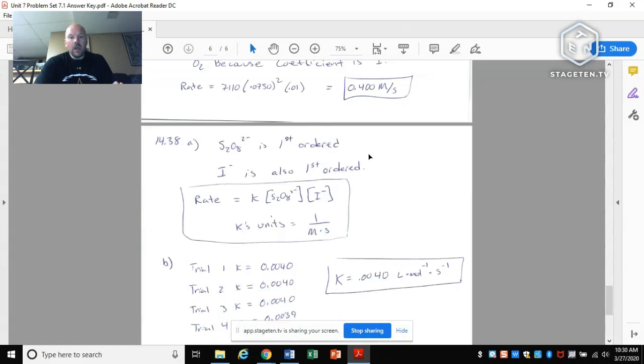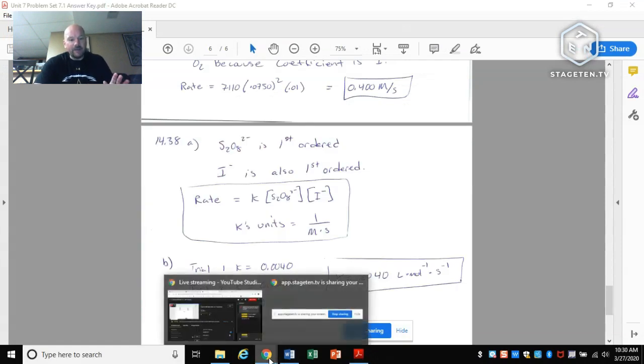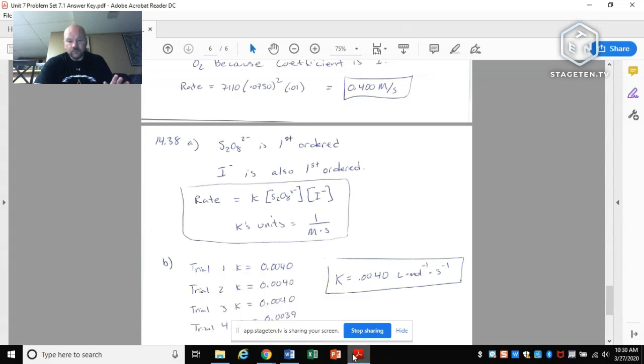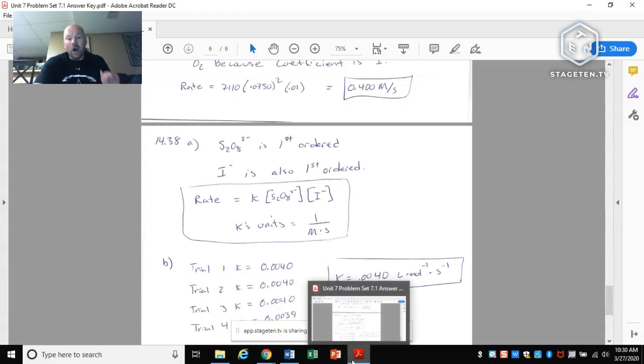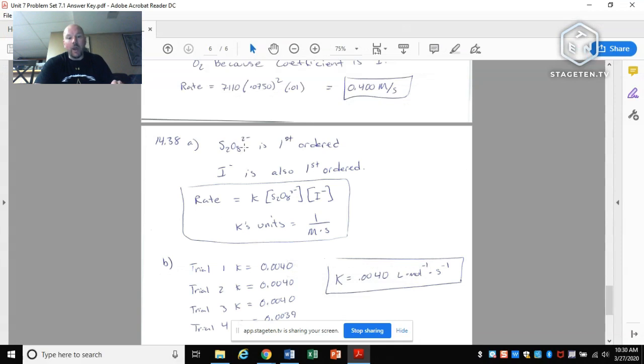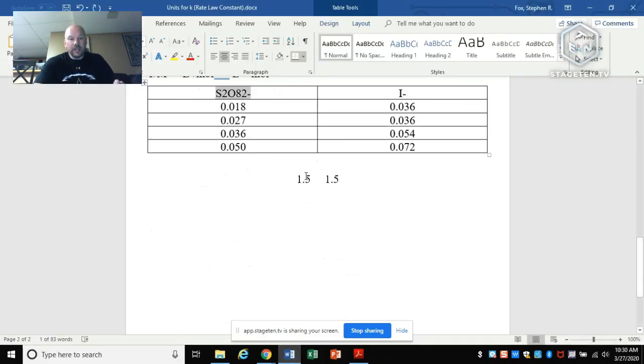However, the I minus is a little tricky. We have to figure it out now, knowing that S2O8 is a first order reactant. Think about this: if I double S2O8, the rate should double.